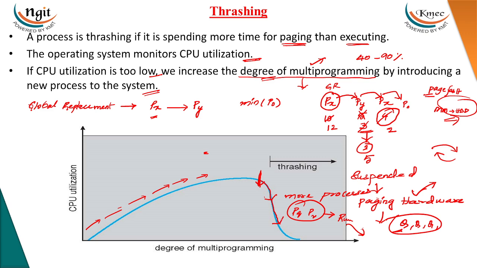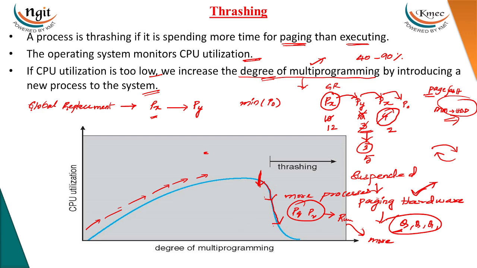Okay, so adding more processes into the system whenever CPU utilization is low, and that low CPU utilization in turn gives more waiting time on hardware, because they take the frames from currently running processes.